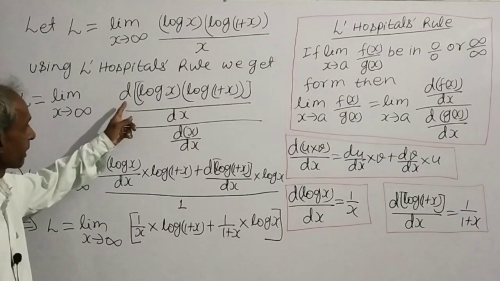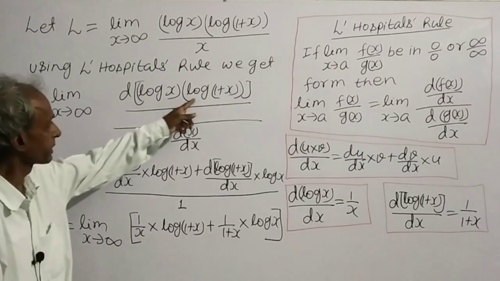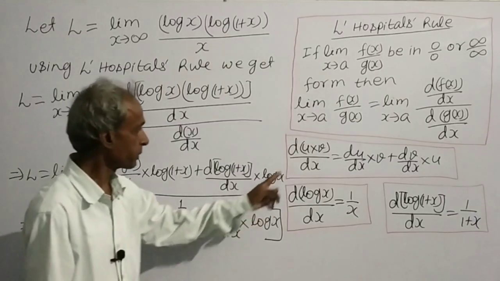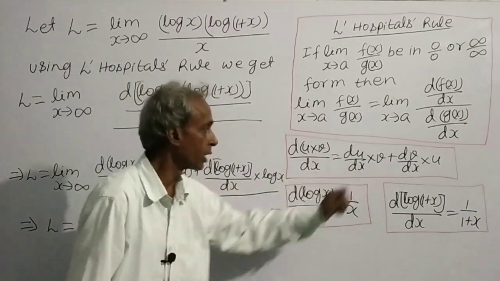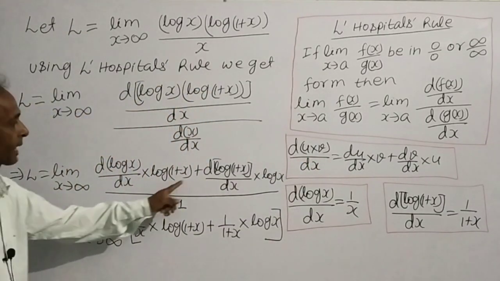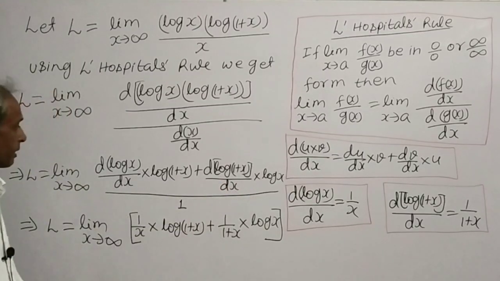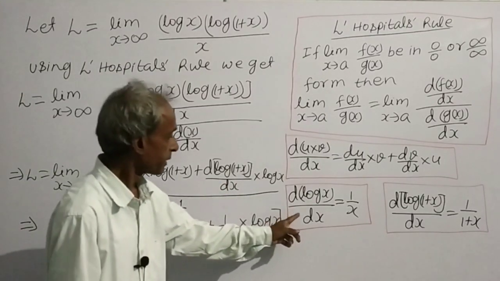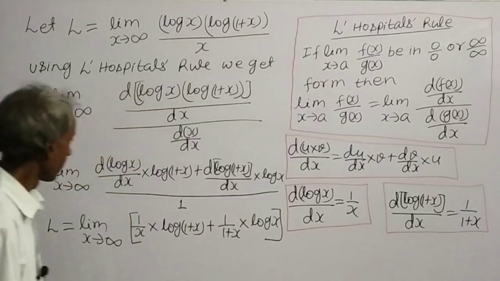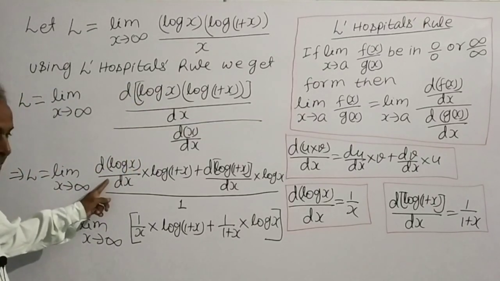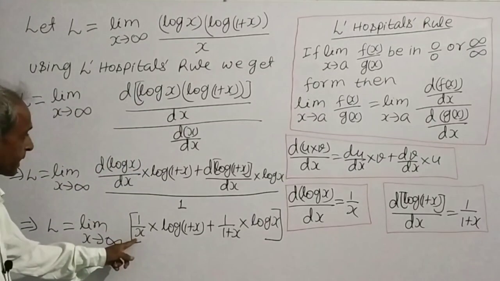To find the derivative of this numerator, first we use this rule and write here. Now we use this formula and write its derivative 1 by x here.